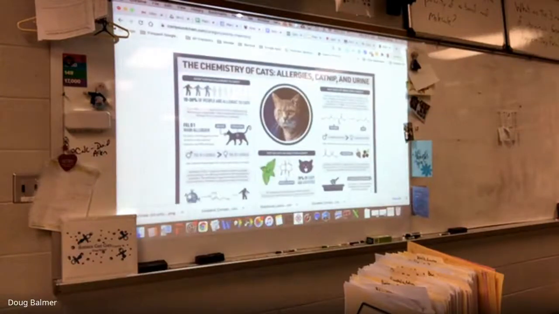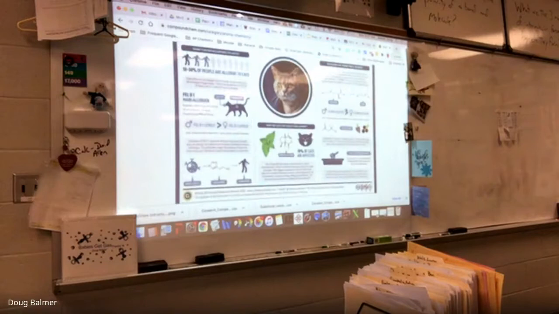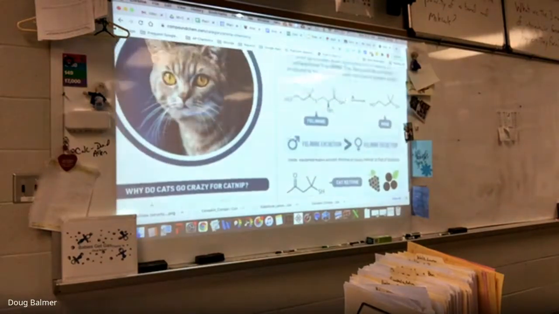For example, if you want to know why cats smell the way they do, you take a look at this infographic here. Hey, wait a second, that's a structural formula. So you could figure out how many C's are there, how many H's are there. And then the cool thing is, if you type into Google, what is the chemical formula for felinine, it'll give you the correct C's and H's and O's and N's and S's.